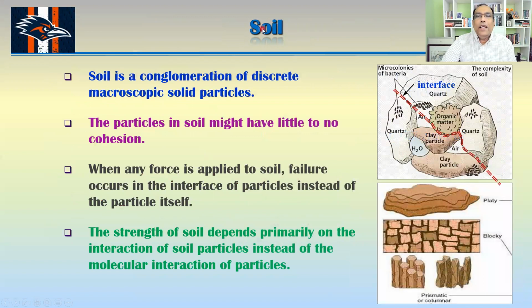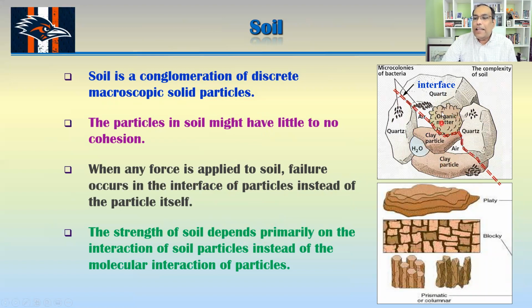Now for soil. Soil is basically a conglomeration of discrete microscopic solid particles. You can see here, this is a microscopic picture of the soil. You can see this is a quartz, meaning your sand particle. Here is quartz, here is quartz. This is a clay particle.